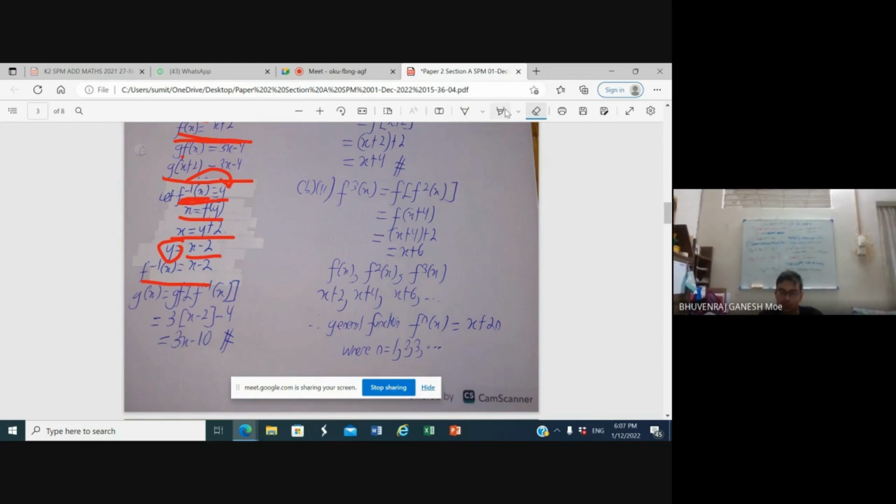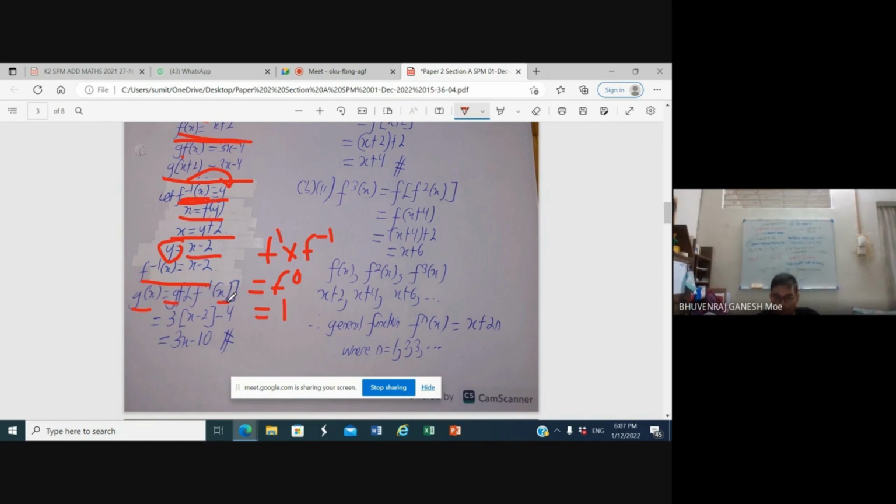So your composite function and inverse function, I show you here how it's related. f power 1 times f minus 1. So you see here, f power 1 times f minus 1, you get f power 0, which is 1. So that's g(x), because f and f you cancel already. So you only get g(x).